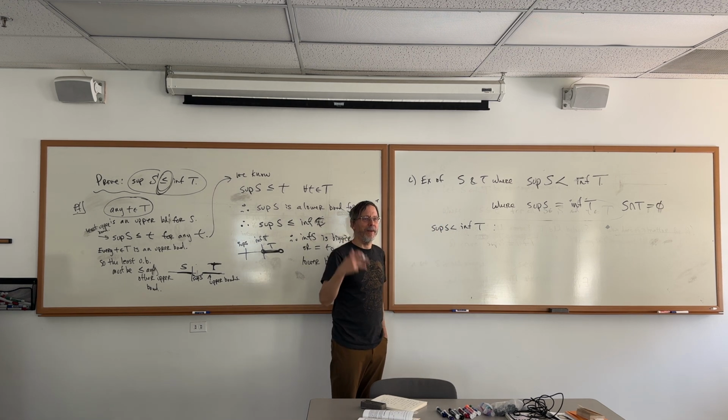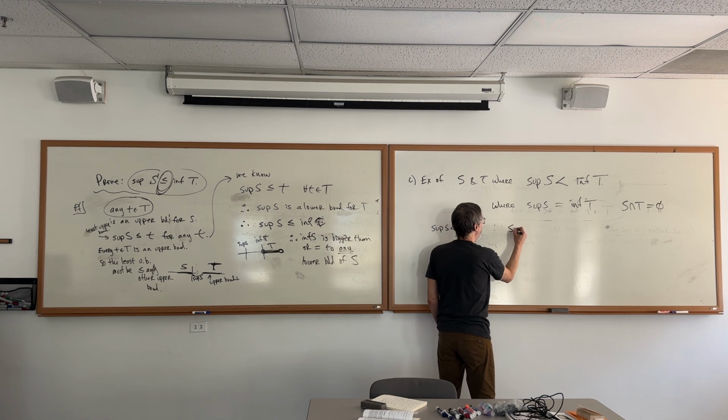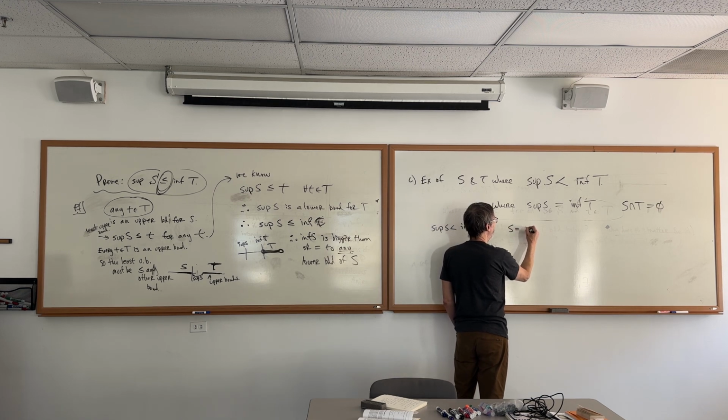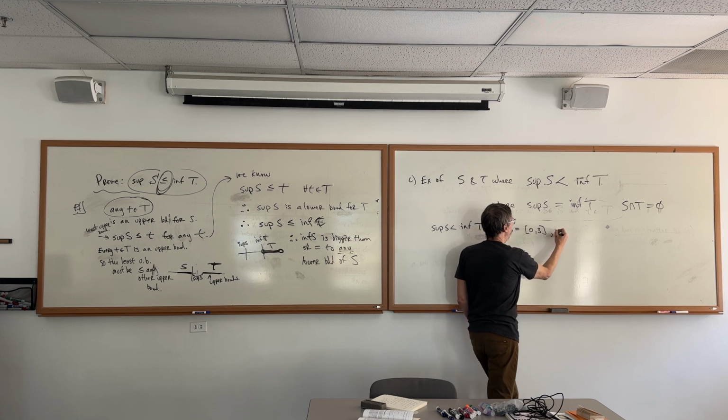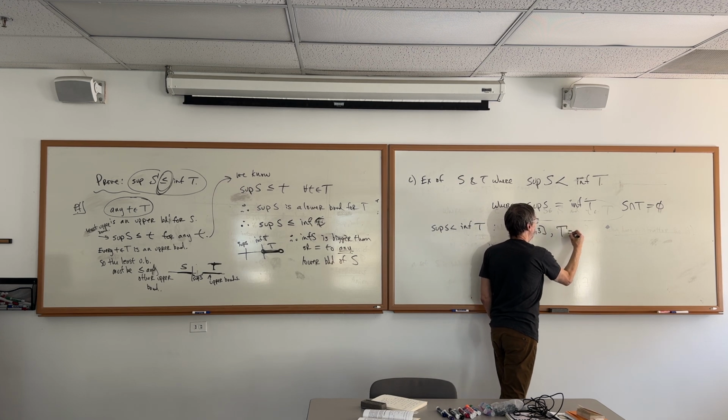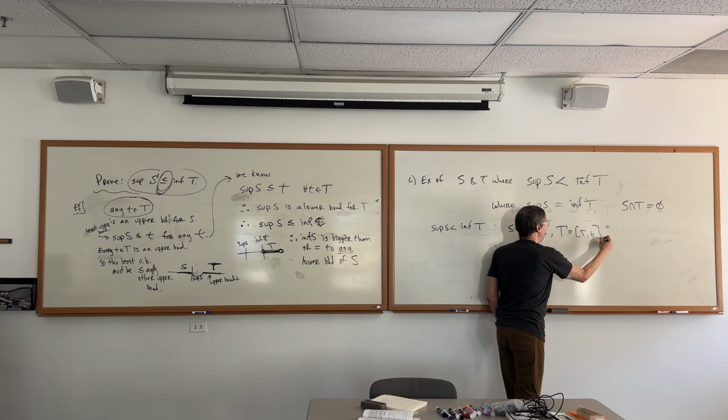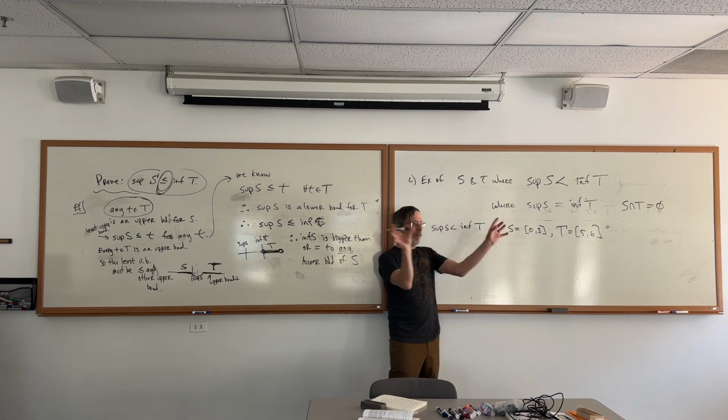For that one, I did S equals the closed interval of 0 to 3, and then T equals the closed interval of 5 to 6. Love it. Sounds good. Just way far apart, right?